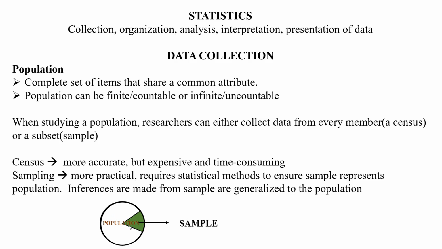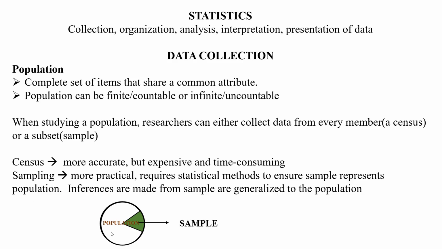So this is a population. I'm taking a few people from the population, which is called a sample. And with this sample, I do the research or I analyze the data and then I make some inference. And that inference is not only applicable to the sample, but is also applicable to the whole population.